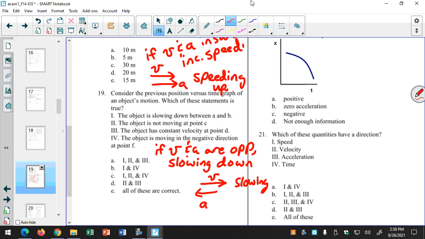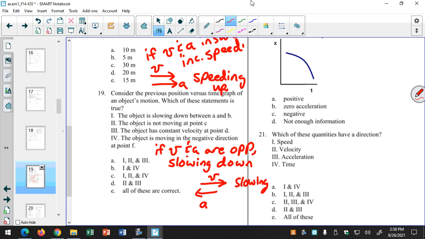So, a good example of that is if I throw my keys up in the air, the first part of that trajectory, as I throw them up in the air, initially they have a big positive velocity. They keep going up, up, up, up, up, slowing down because the acceleration is down. Velocity's up, acceleration is down, and so they're slowing in speed.